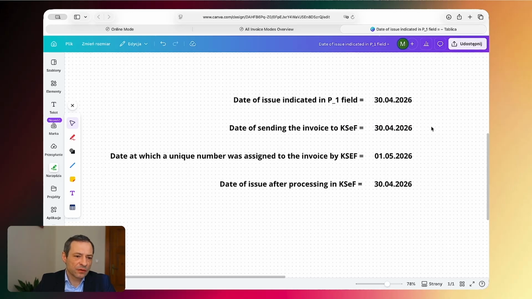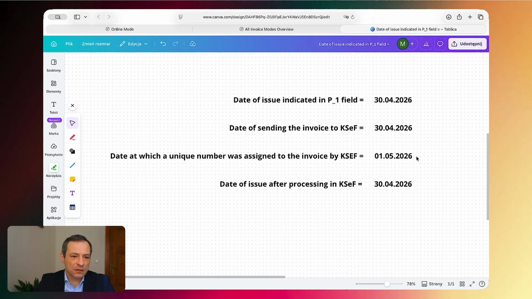However, due to the fact that, for example, this invoice was sent to the Polish National Electronic Invoicing System at, for example, 3 minutes before midnight of the 30th of April 2026, the unique number was assigned by the Polish National Electronic Invoicing System to this invoice first on the 1st of May 2026.